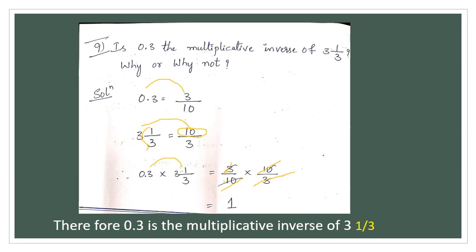Therefore, 0.3 is the multiplicative inverse of 3 1 by 3. We multiplied these two and obtained the product as 1. I hope you understood, children. Now let us dive into the next main.